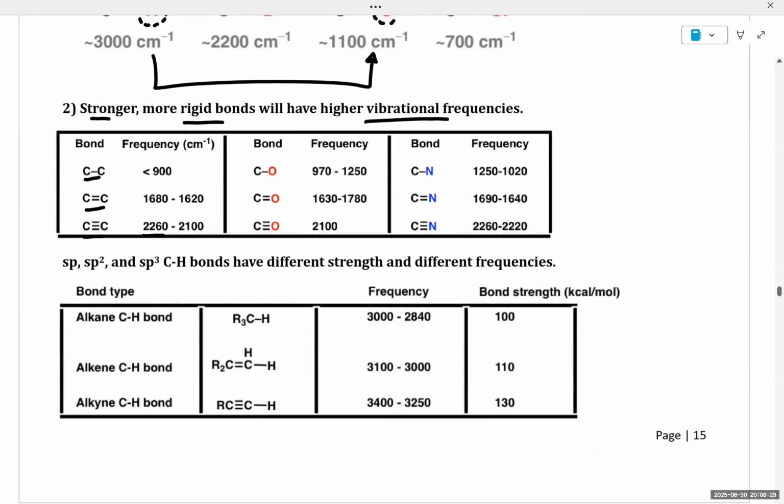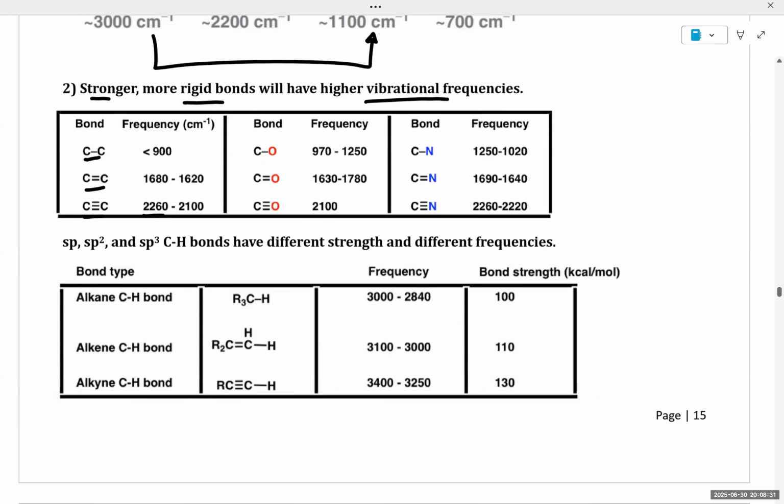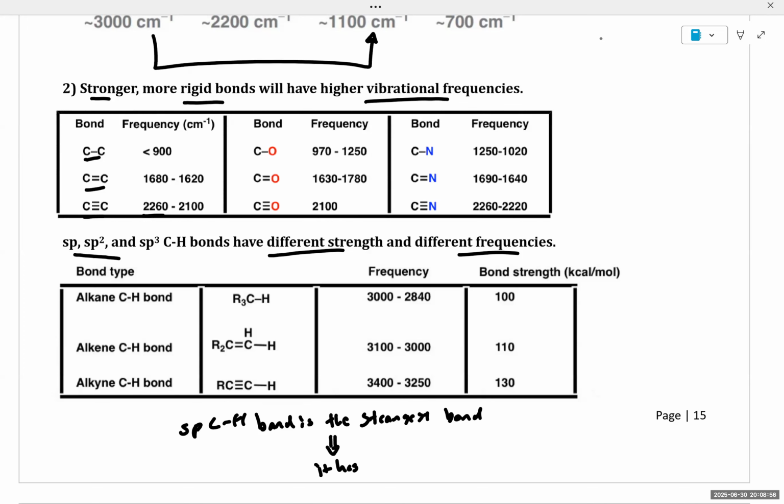You can also see this in the difference between sp, sp2, and sp3 hybridized CH bonds. Because these bonds have different strengths, they have different vibrational frequencies. Because an sp CH bond is the strongest, we can see it has the highest vibrational frequency.